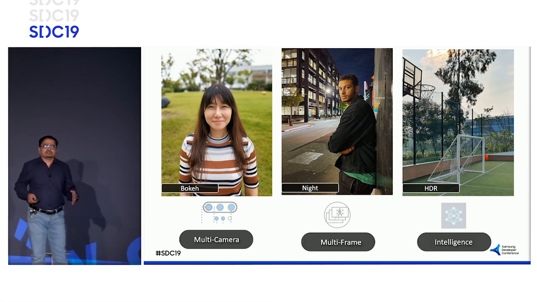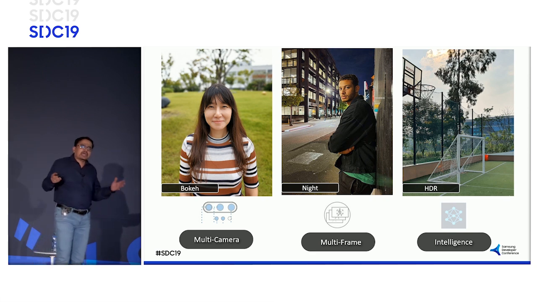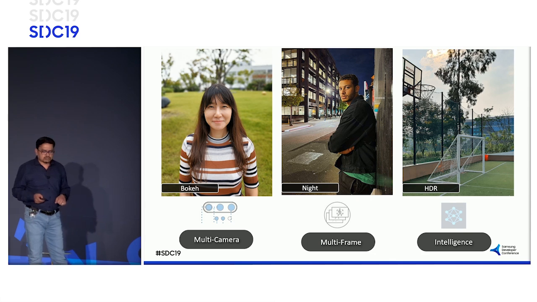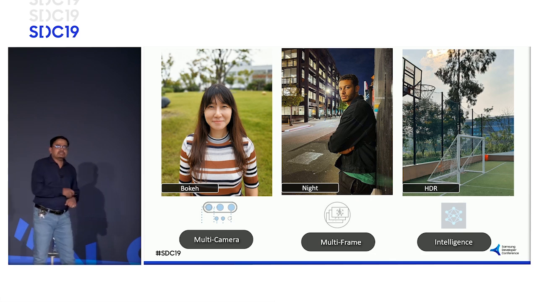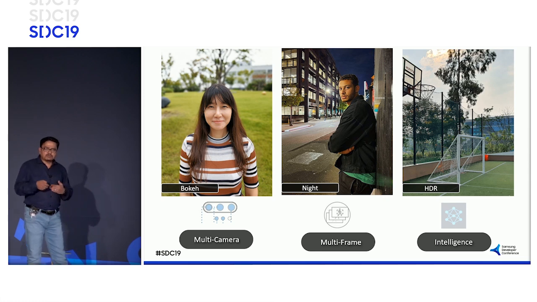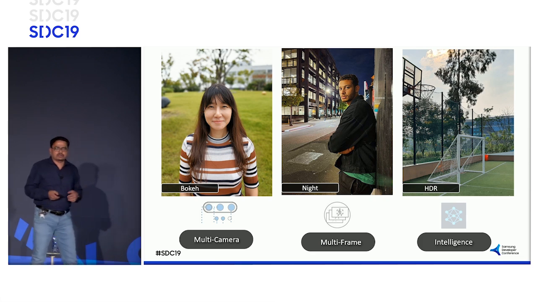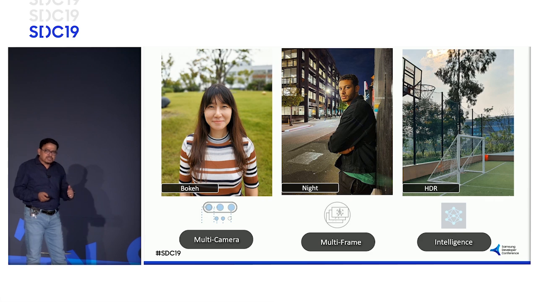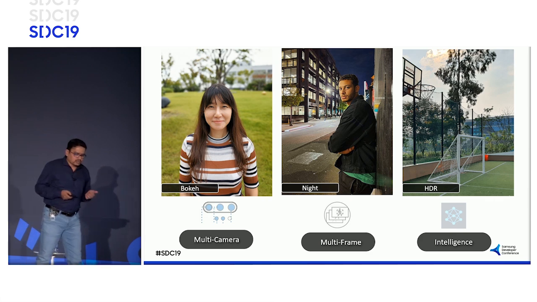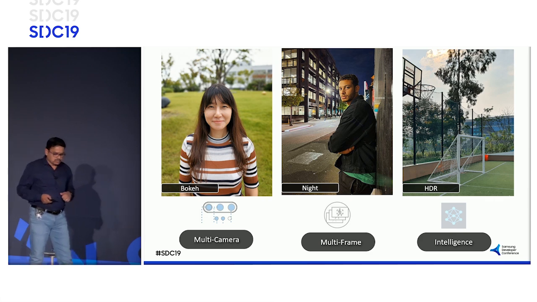So to capture images in different lighting conditions, Samsung has multi-frame composition technology. It intelligently understands the lighting conditions, and after that it takes multiple pictures and uses different algorithms to compose them to form a single image, which helps you to get the best pro-grade images with your pro-grade camera.